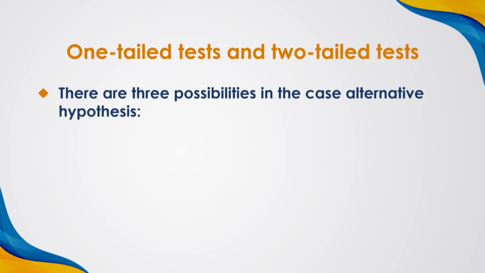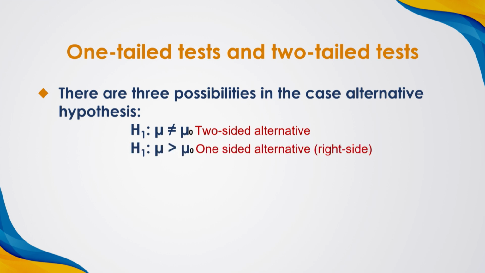There are three possibilities in the case of alternative hypothesis. One possibility is two-sided alternative, that is written as H1 colon mu not equal to mu naught. Another alternative hypothesis is called right side, one side alternative, and that is written as H1 colon mu greater than mu naught.